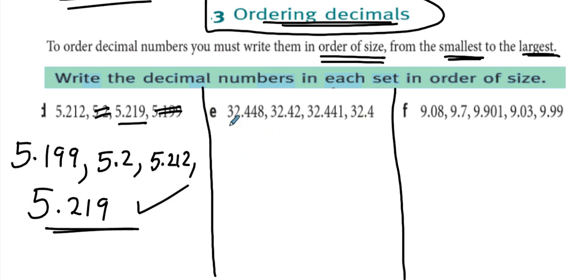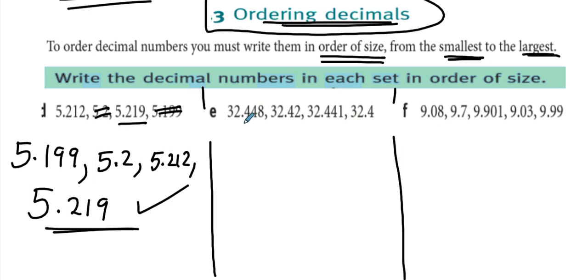Let us move here. 32, same, 32, same. The first two numbers are the same, so let us pick the third one. 32.4, 32.4, 32.4, 32.4. Oh, they are also the same.